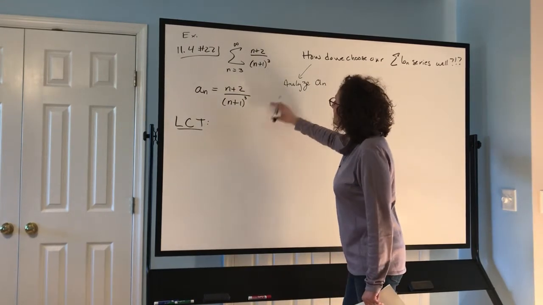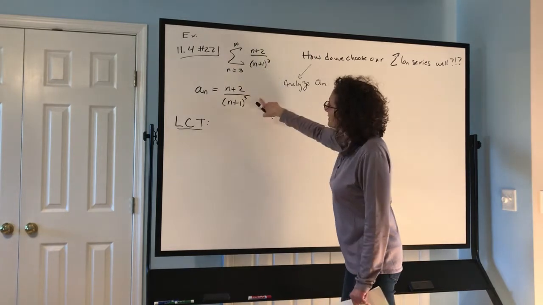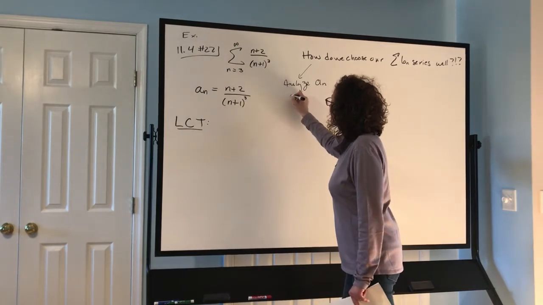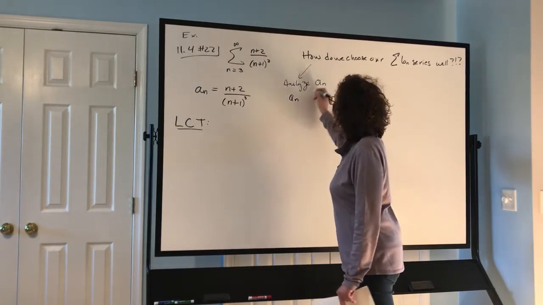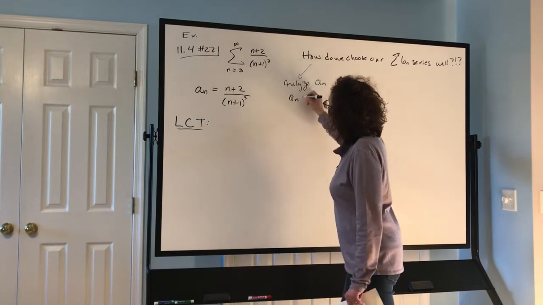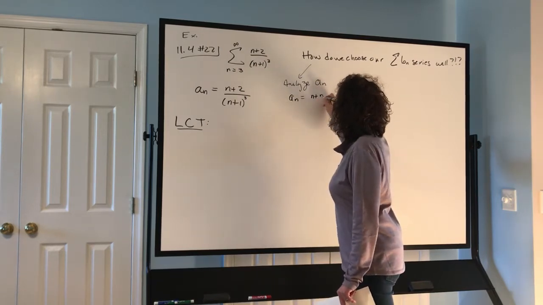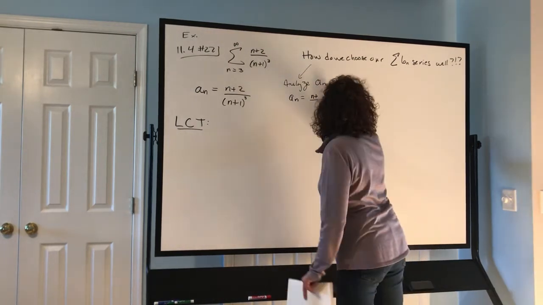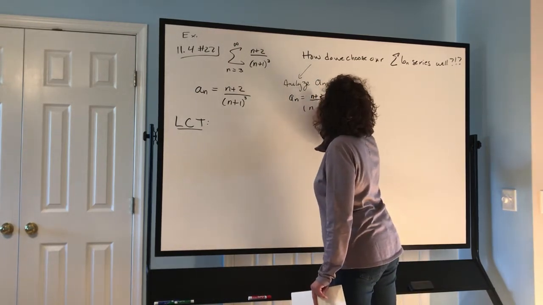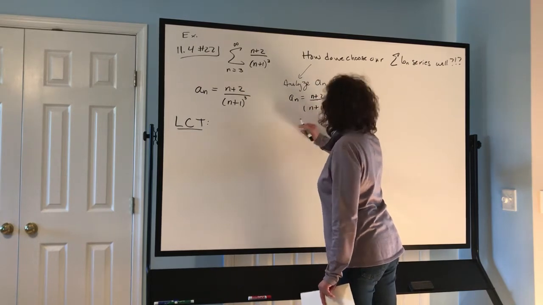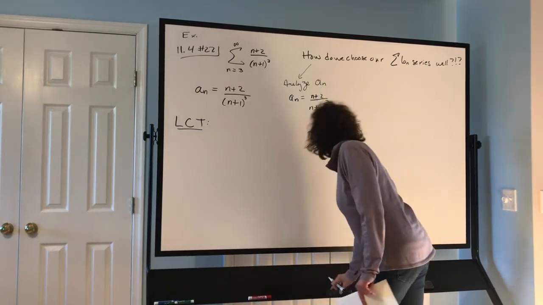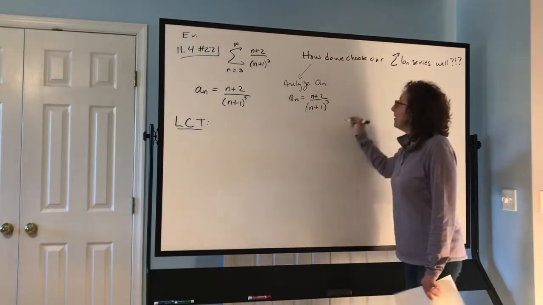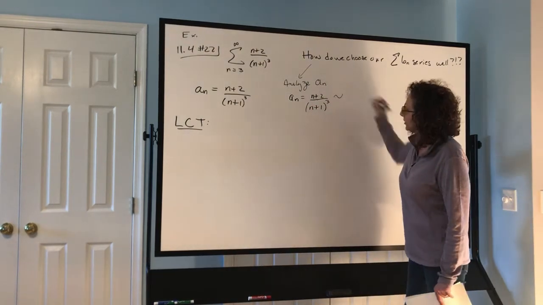So what is the deal? If I think about this AN, I'll just rewrite it again: (n plus 2) over (n plus 1) quantity cubed. Let's think about what this is similar to.